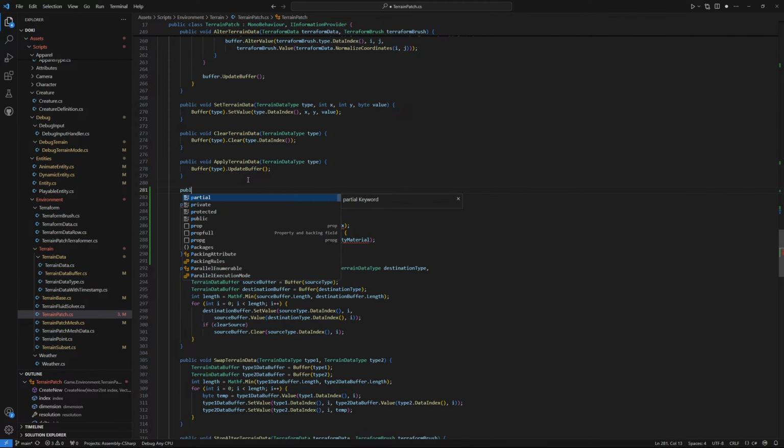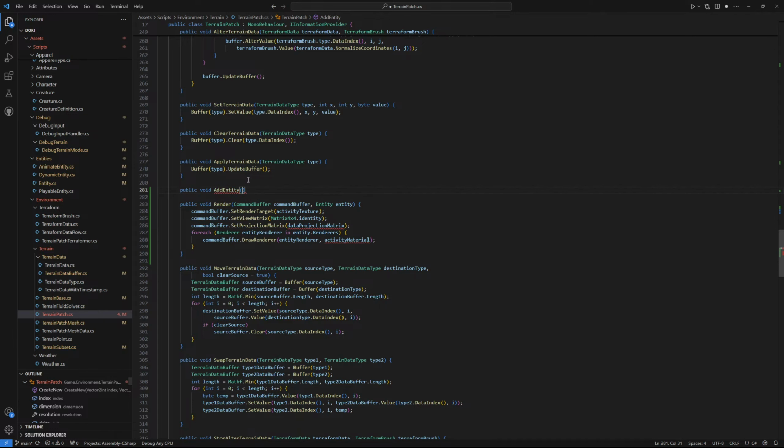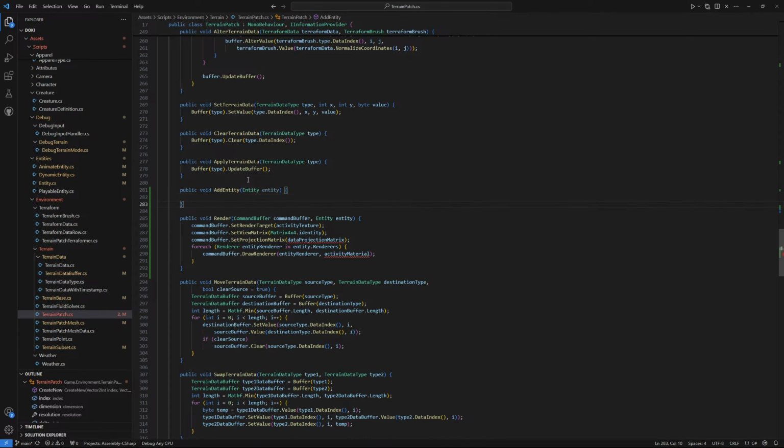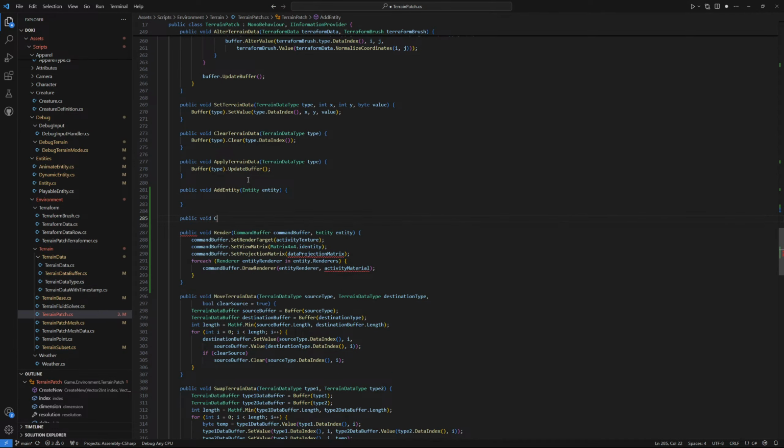So instead it's going to be public void add entity, public void clear entities.